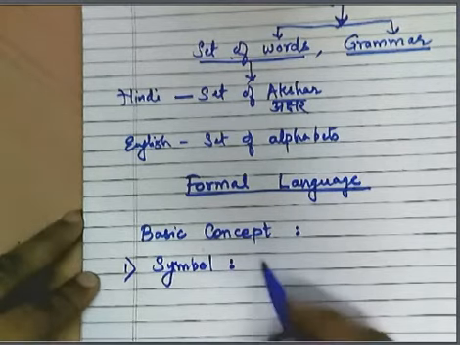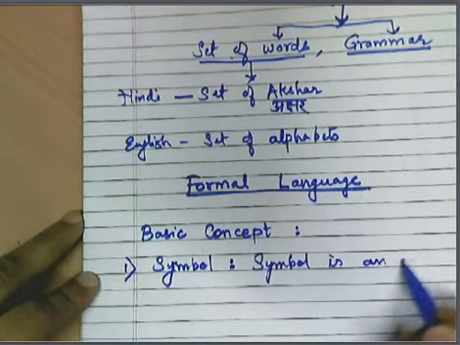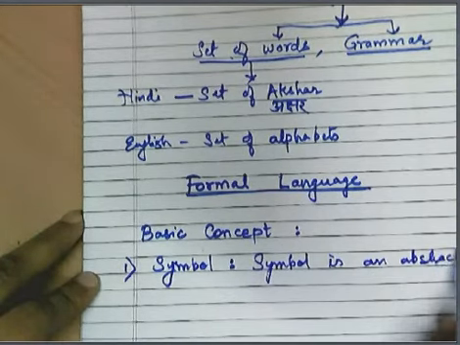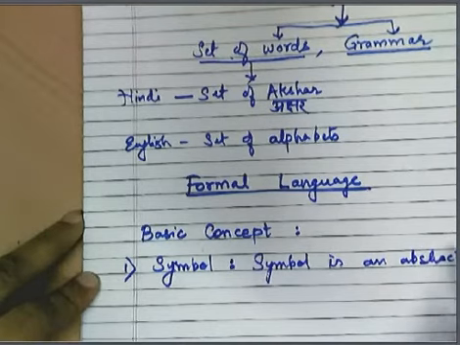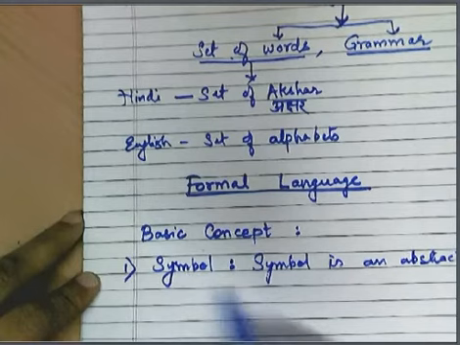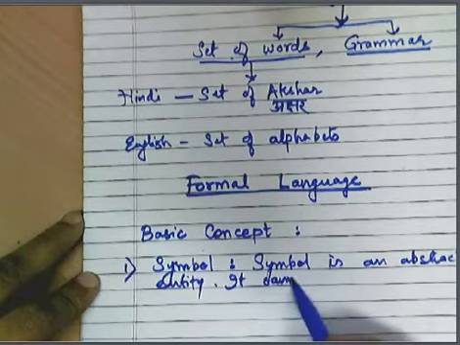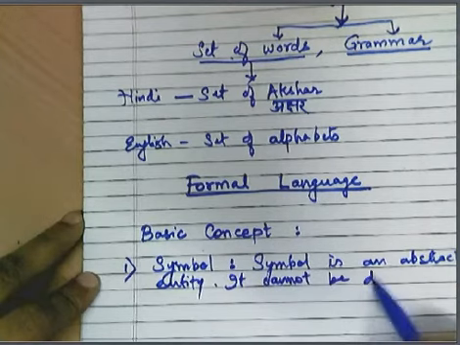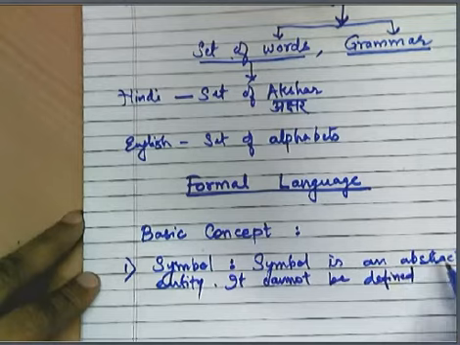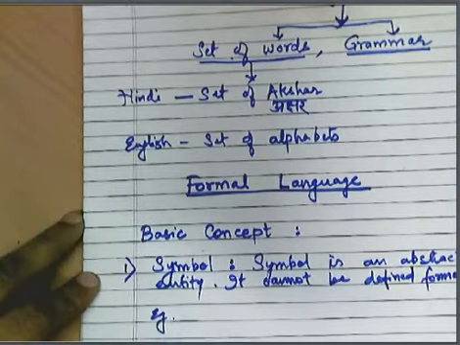A symbol is an abstract entity. It cannot be defined formally. What exactly does this mean? This example will make it clear.